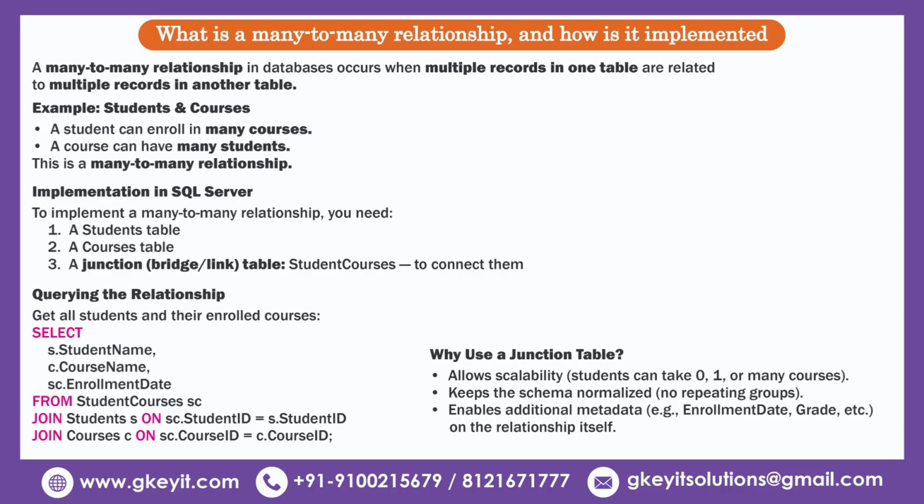We have some optional on delete and on update actions. By using these actions, you can add rules to the foreign key to define what happens if a parent record is deleted or updated. This is how we have created this table, and we have added extra rules here: on delete cascade, on update cascade.